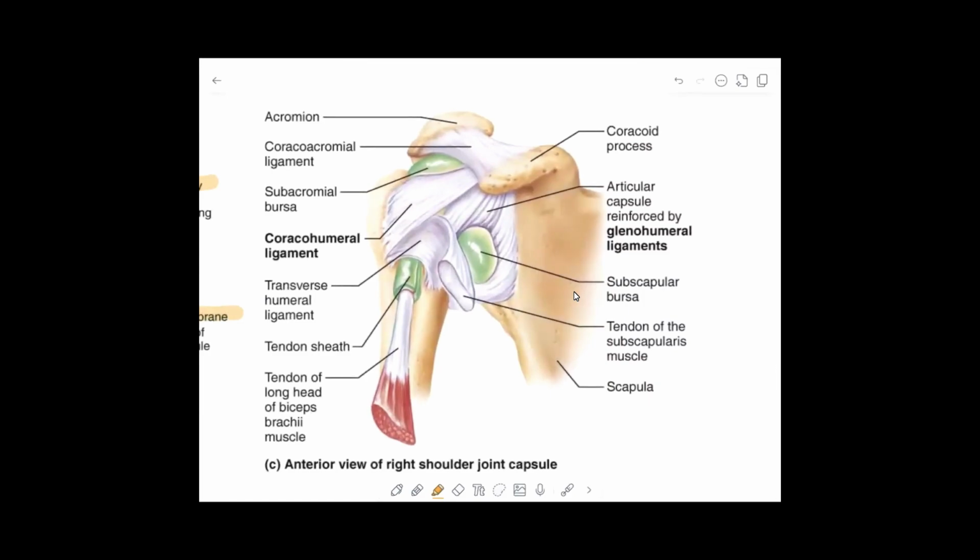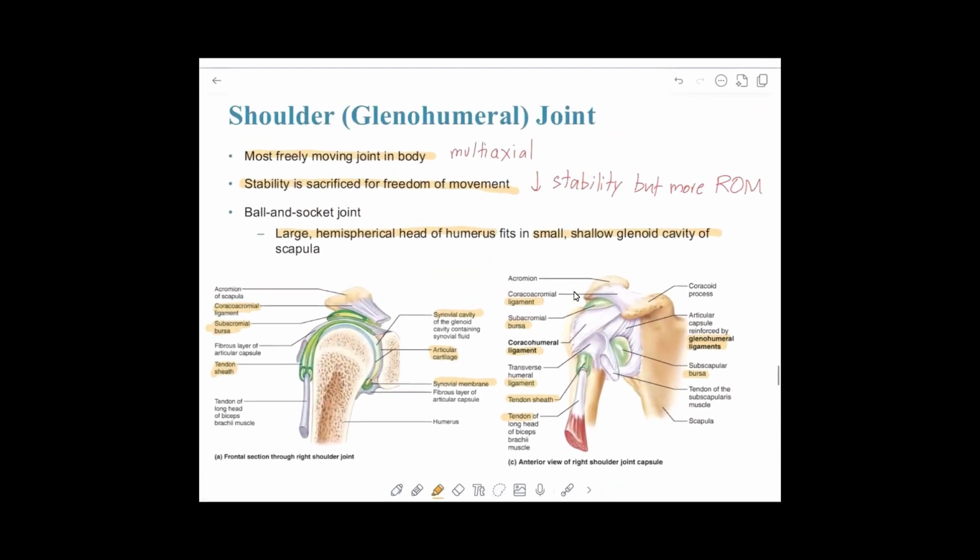In this example, we have our tendon sheath. We have ligaments here, tendons, bursa, more ligaments, another bursa, and we can't quite see the articulating structures just because of all the supporting structures that are found surrounding it.